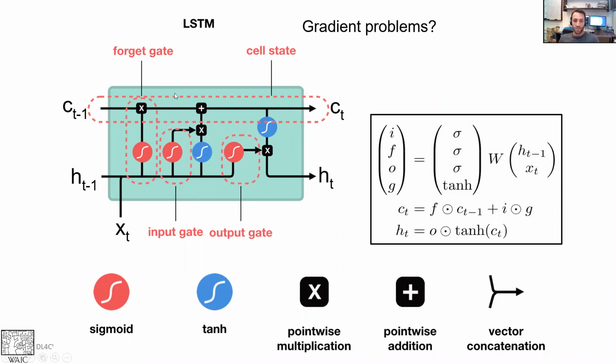What do we gain from this architecture? Feel free to comment anything, and if not, I will try to explain this. Let's think about the derivatives here. If we think about the derivative of the hidden state or the derivative of the cell state, do we see what we gain here in terms of matrix multiplication?